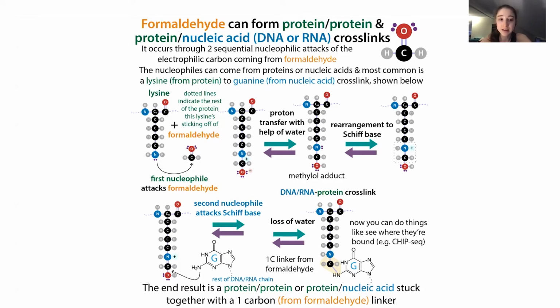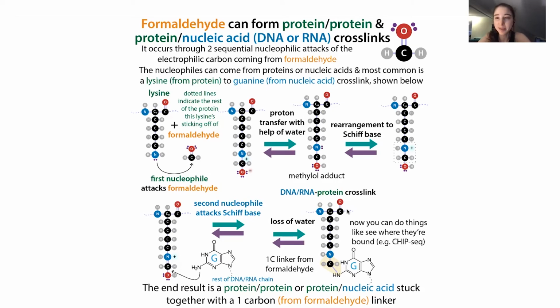So in this case, instead of attacking the aldehyde of the PMP, we are going to be attacking formaldehyde. And so it's the same sort of thing, where you're getting this Schiff base, and then this is going to allow you to have a second thing attack the Schiff base, and then you end up with a cross-link.